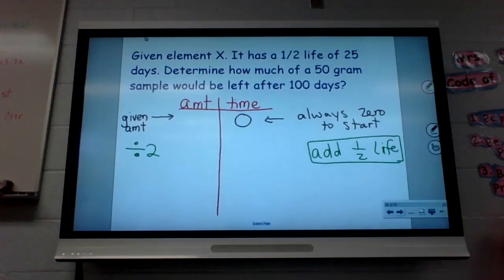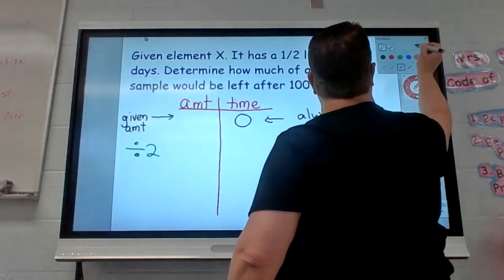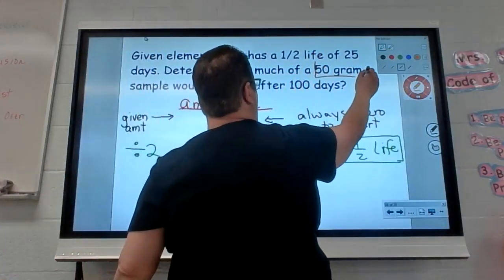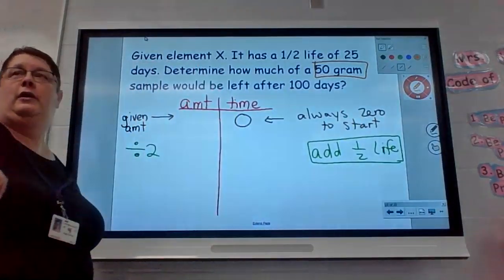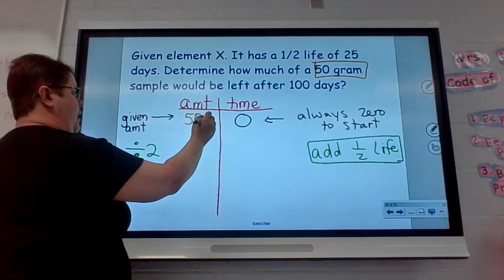How much of the radioactive goo did they give me in the question? 50 grams. Okay, so in the question, it says 50 grams of radioactive goo. Everybody okay with that? Yeah. So we're going to put 50 grams here.